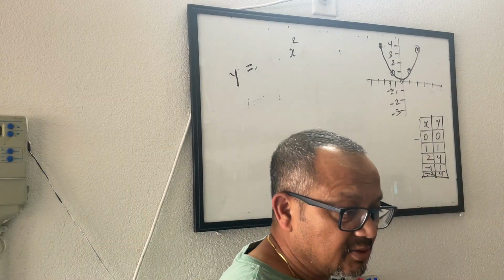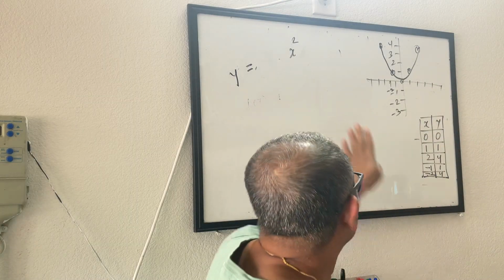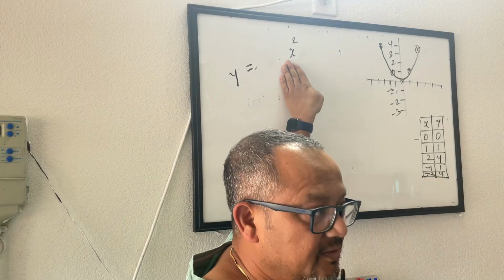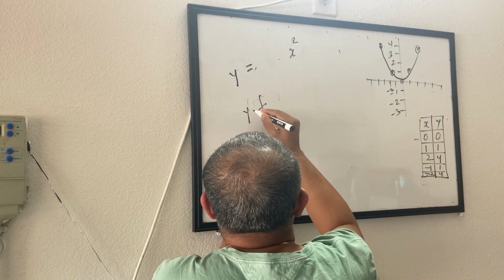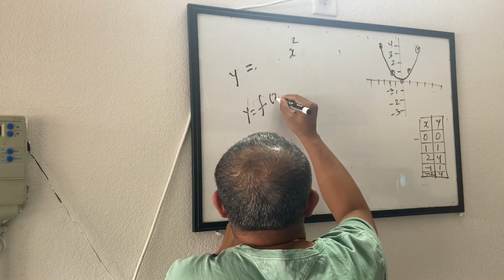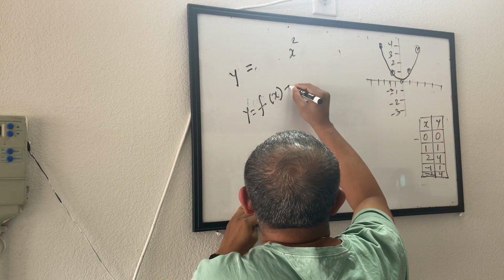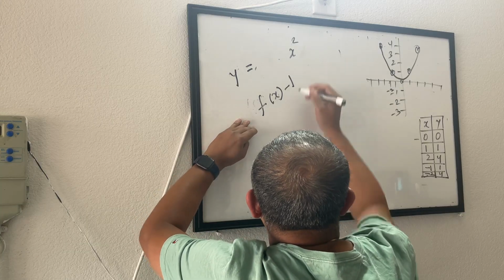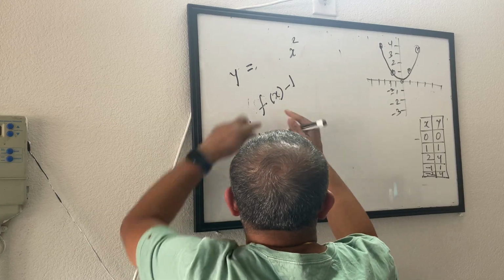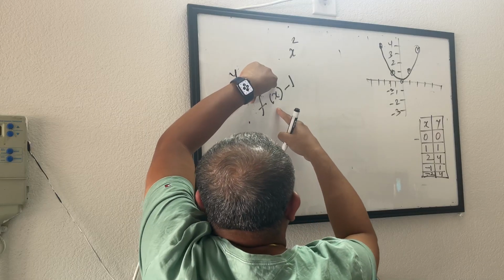We are talking about a parabola. This is my classic parabola. Now we are talking about what happens when I do f of x minus 1. f of x is nothing but my y value.